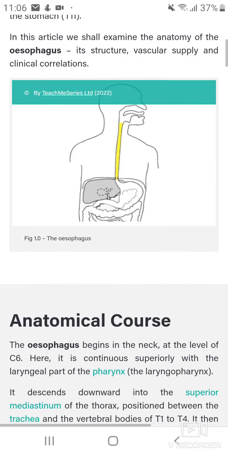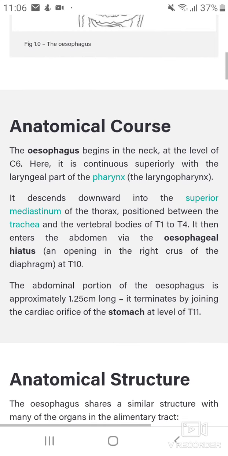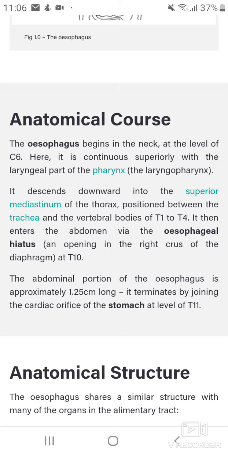Next, anatomical course. The esophagus begins in the neck at the level of C6. Here it is continuous superiorly with the laryngeal part of the pharynx, the laryngopharynx. It descends downward into the superior mediastinum of the thorax, positioned between the trachea and the vertebral bodies of T1 to T4.